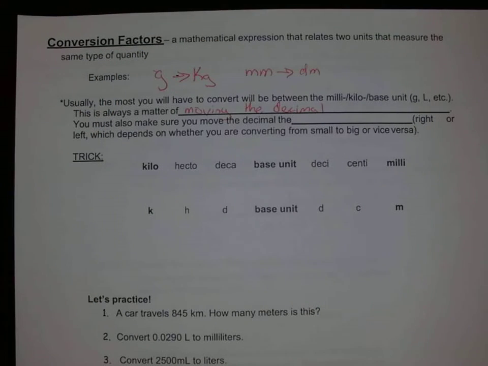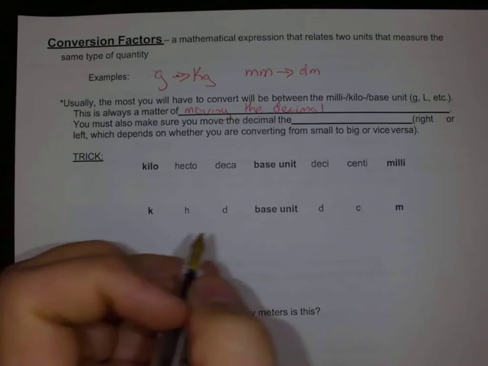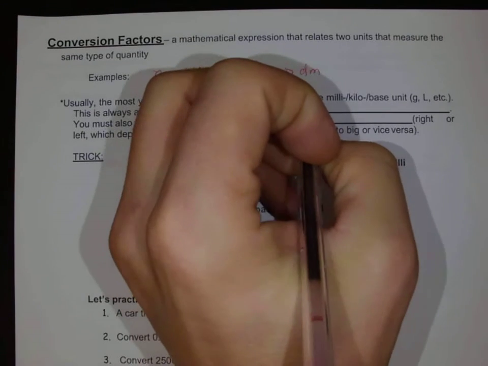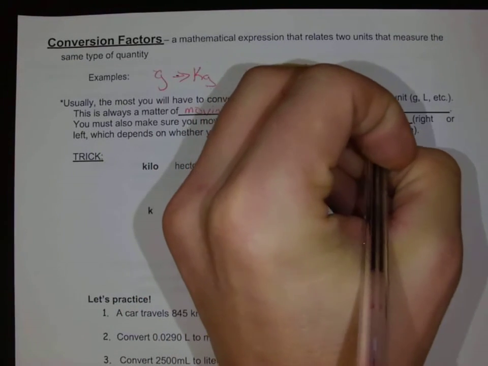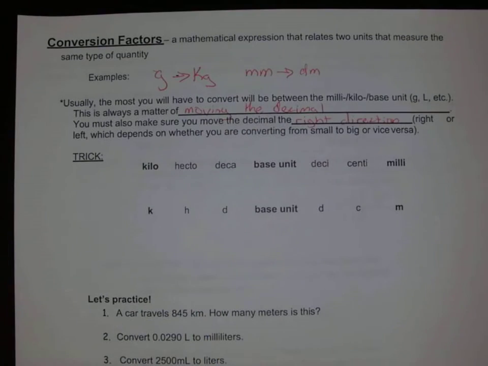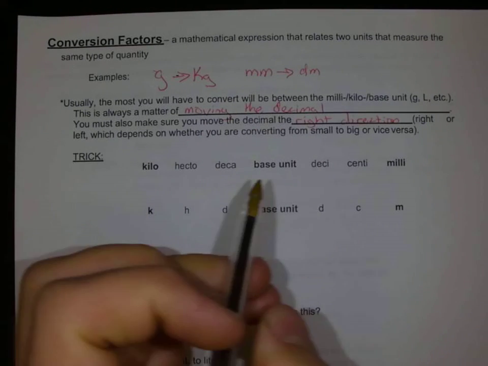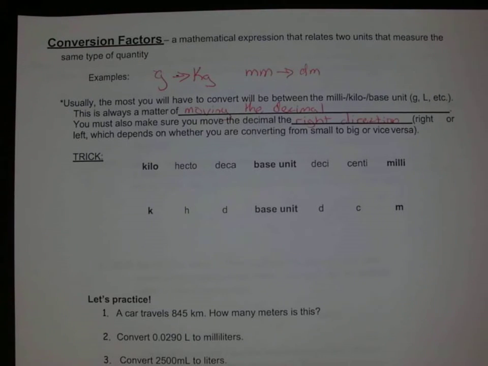All right, so first you must also make sure that you move the decimal in the right direction. Okay, so if we have kilo going to milli, we have to make sure that we convert in the right direction. So we have to move the decimal in the direction that we're going.